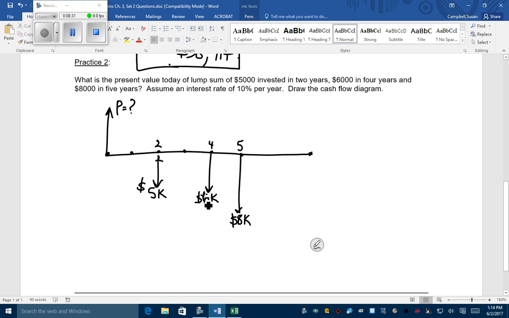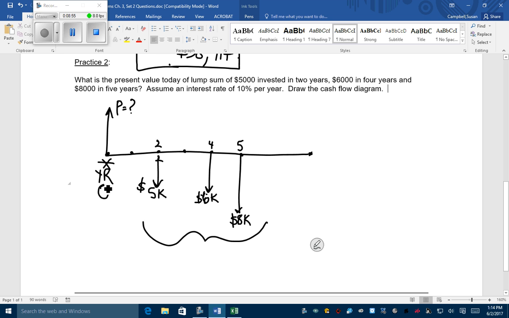Okay, so based on what we know from the previous example, we know that if we want to find out what the equivalent value is for these 3 investments over those different time frames, we need to bring them all back to the same time period, year 0, for present value, and then add them up.